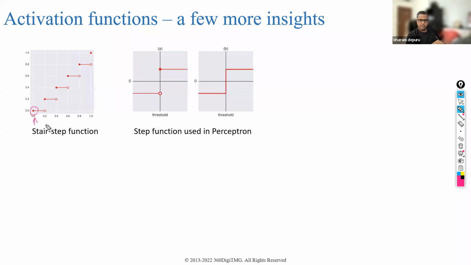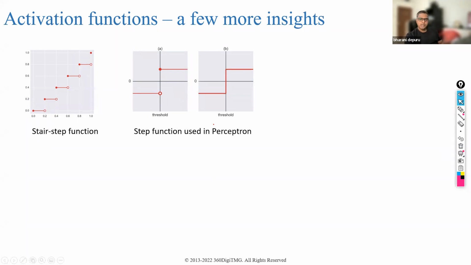But then if you have an open circle here, this means that output value is not valid at that point. So if your input is 0.2, output won't be 0. That is what you have to remember.